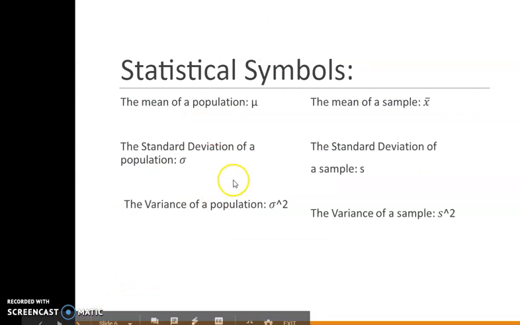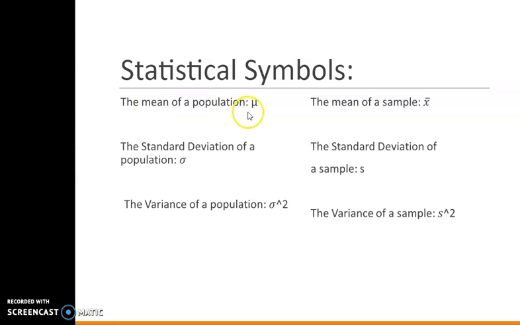And this is the main idea in statistics. We're going to be studying values out of a population. These would be the mean of a population, which is typically mu. The standard deviation is called sigma. The variance of a population is called sigma squared.